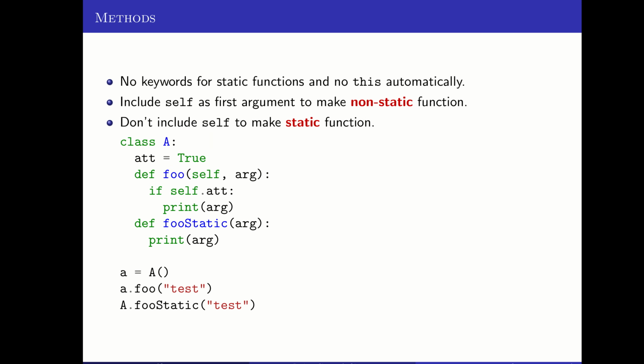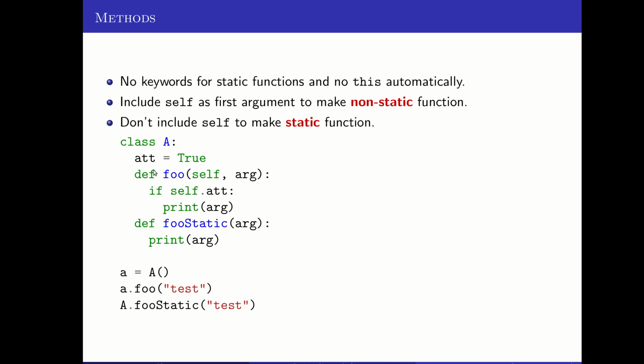When you define methods or functions, there are no keywords that you have to use for static functions. And along with that, there is no automatic this kind of variable like you get in Java or C++. You provide a parameter called self as the first parameter to a function if you want that function to be non-static, if you want it to be an instance sort of function.